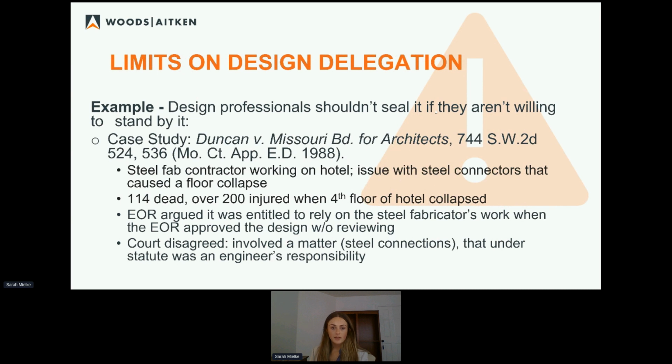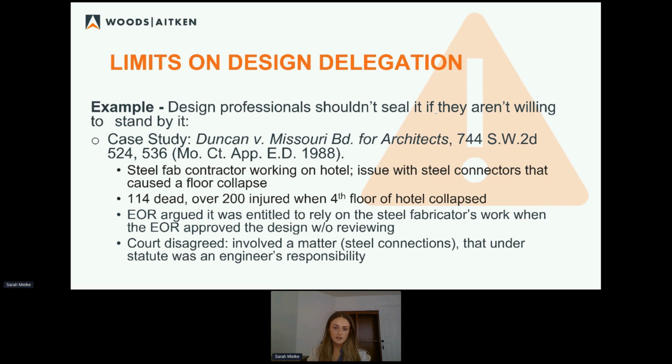So one example of that is Duncan versus the Missouri Board for Architects. What this case really should scream to engineers is that design professionals shouldn't seal it if they aren't willing to stand by it. In this case, a steel fabricator was working on the construction of a hotel, and there were issues with some of the steel connectors.